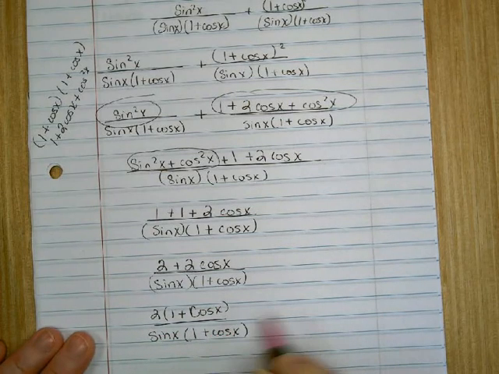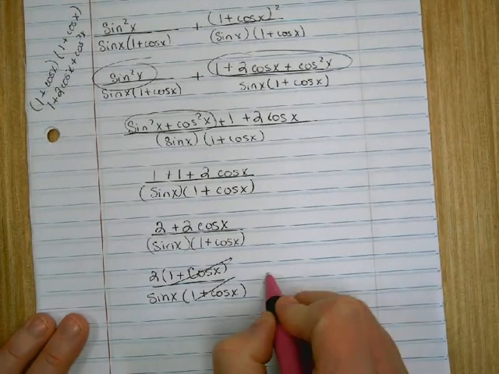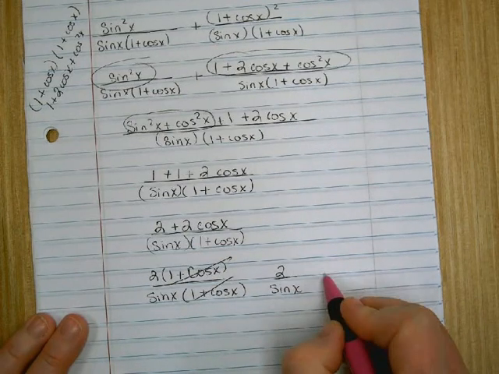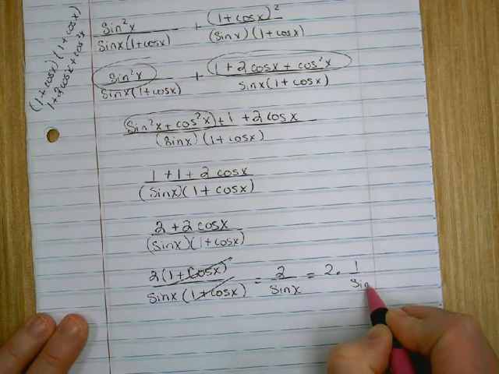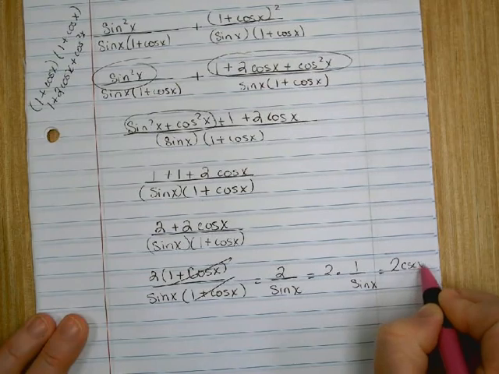Now that I factored those out, they will cancel. So I have 2 over sine x, which is equivalent to 2 times 1 over sine x, which is really 2 cosecant x, which is exactly what I'm supposed to get right there.